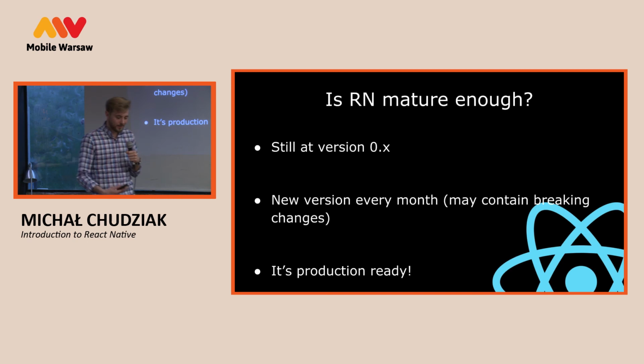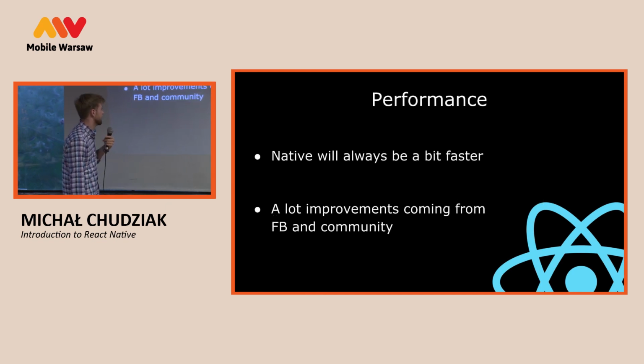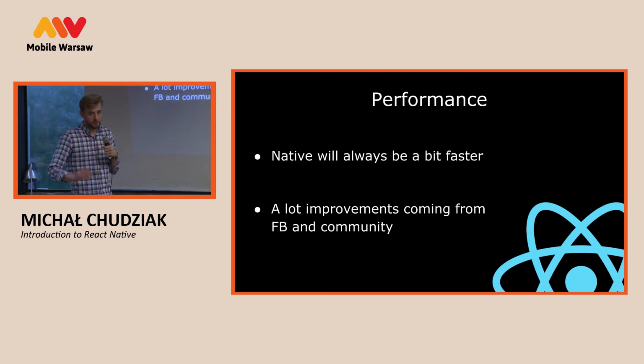If you are experienced in it, then you can cover many things. And if sometimes performance is really bad, then you can write native code and integrate it into your application to have the performance you need. As I said, native will always be faster because you don't have to build the whole bridge and things like that.